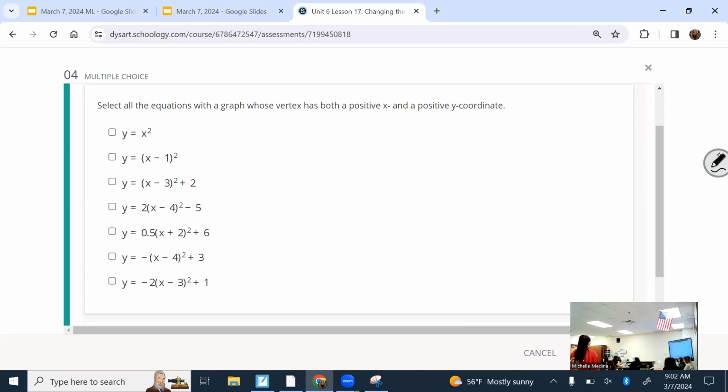What does vertex mean? The turning point of your U. So for my parent graph, like my most simple quadratic function, where's that vertex at? x squared, when you graph it, where's the vertex?